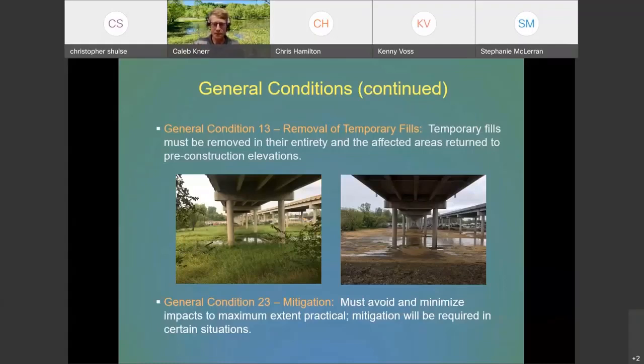But typically we just ensure that if that is not possible, to avoid those impacts to the maximum extent practical, we mitigate for those impacts in certain situations. And typically that is required for impacts over 1/10 of an acre.